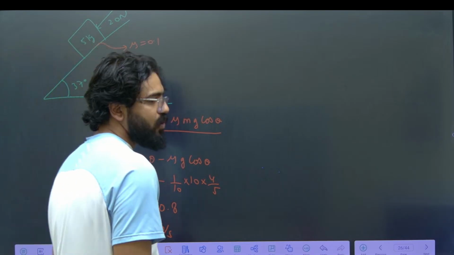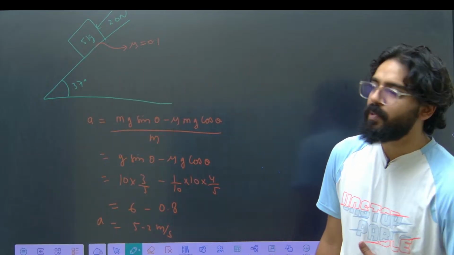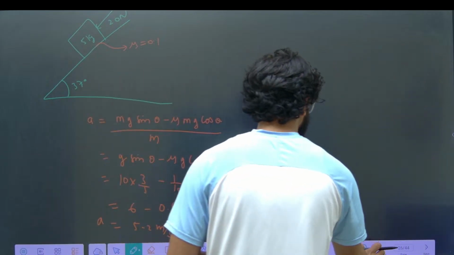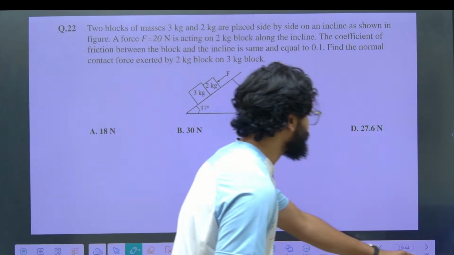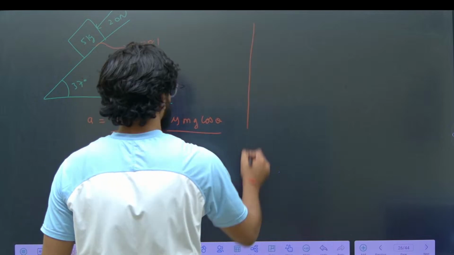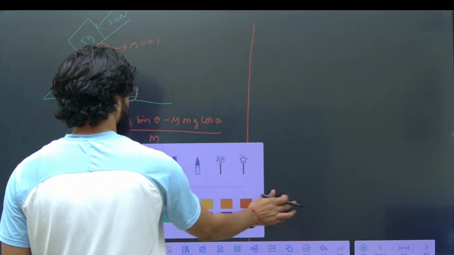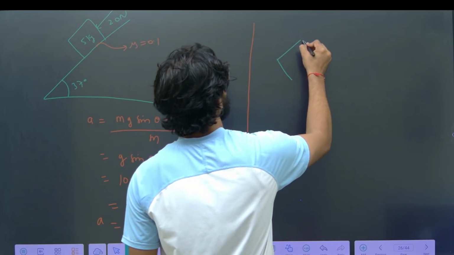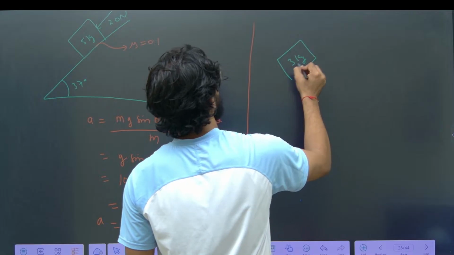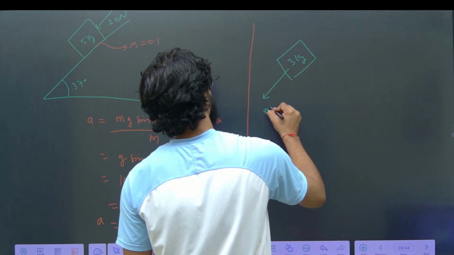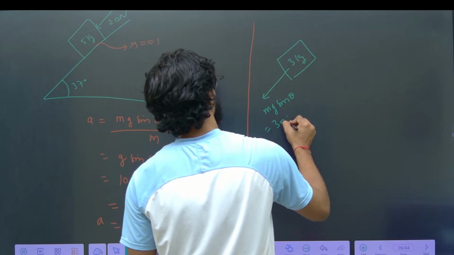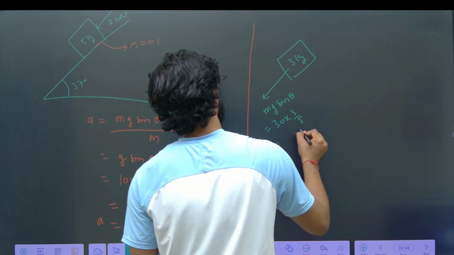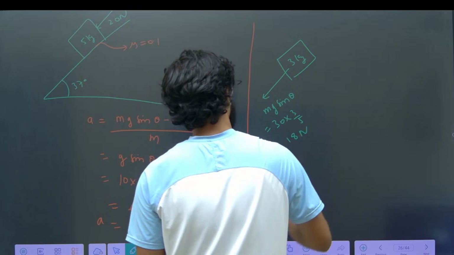So now we want to calculate what is the normal force between these two guys. Okay, so position is very important. Let's consider 3 kg. So 3 kg is a little down over here. Over here it will be mg sine theta, which is 30 into 3 by 5, which is 18 Newton.